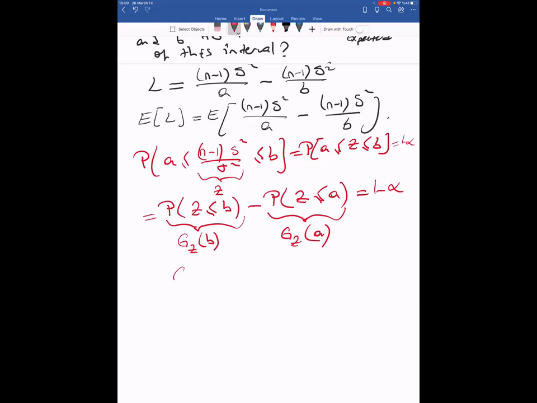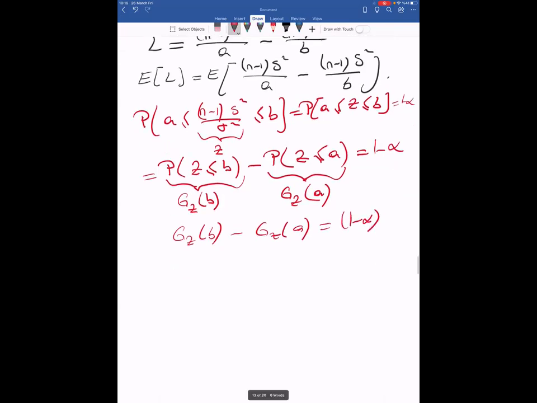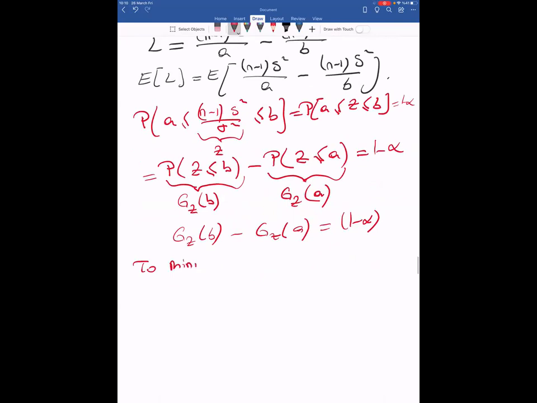So we know that G_Z(B) minus G_Z(A) equals, let's say, 1 minus alpha. So to minimize L, let's say, you can choose one of them.